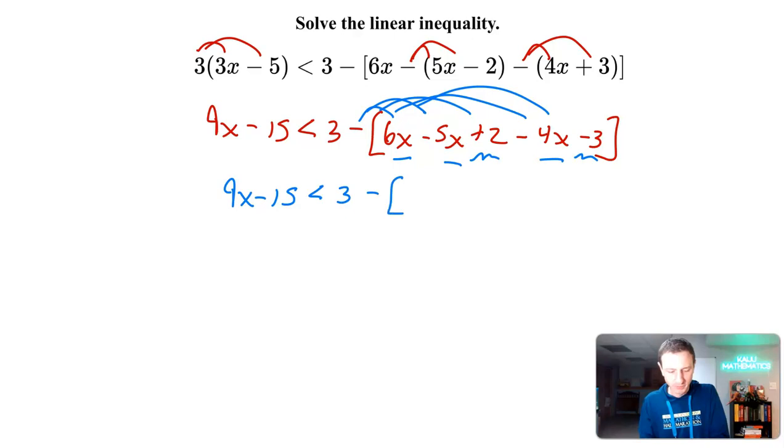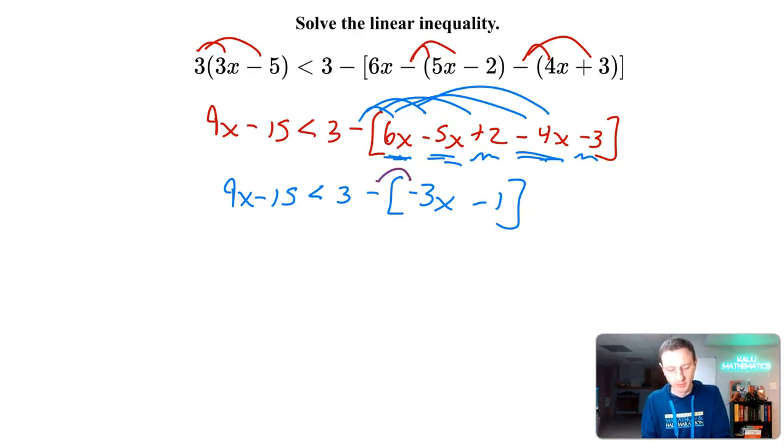I'm going to clean up the brackets first before I distribute that minus sign. Inside here, 6 minus 5 is 1, 1 minus 4 is negative 3x, and then we have 2 minus 3, which is negative 1.